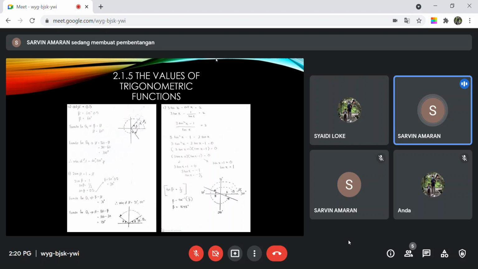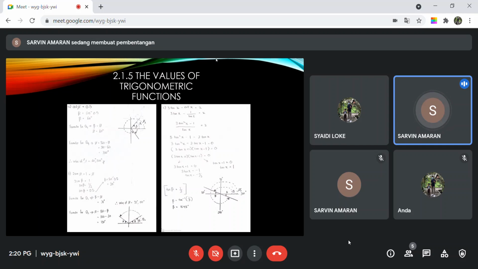So at the end of the day, you already got the value of the reference angle. Step 3 is to draw the reference angle in graphic to make you understand the flow of the answers. And then step 4 is to find the value of the angle.